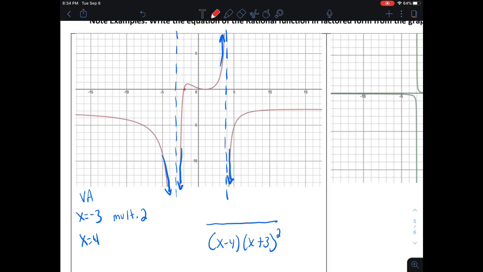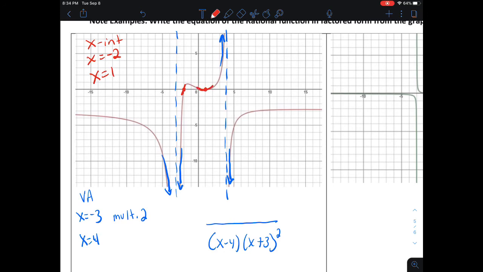There's an x-intercept at -2. So we've got an x-intercept at x equals -2. It passes straight through there, so the multiplicity is 1. There is an x-intercept at +1. Now it's a touch and go. It doesn't change sides.